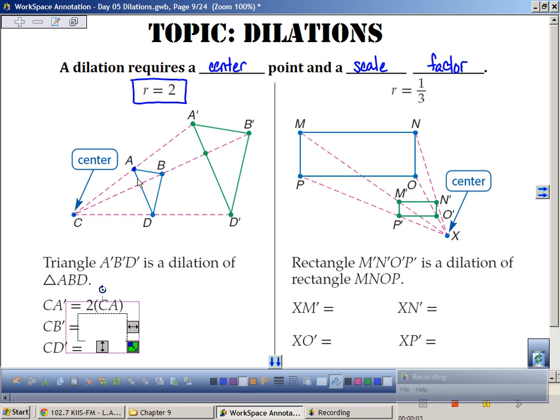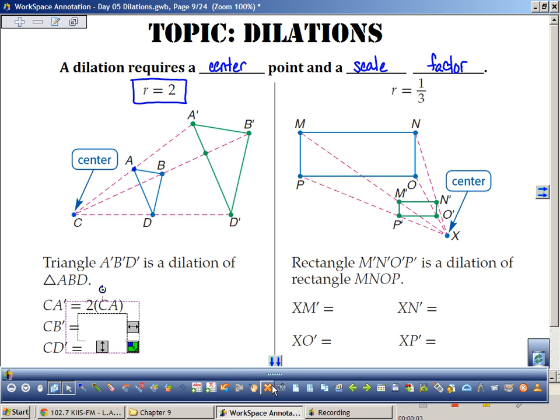Yes, but it won't always be that way. That just happens to be because it's twice the size. Sometimes it'll be 3 times. Sometimes it'll be smaller. Okay, so this one should be what? 2CB, 2CD.